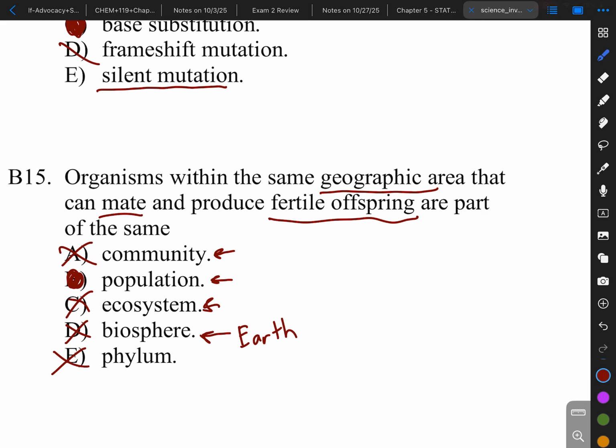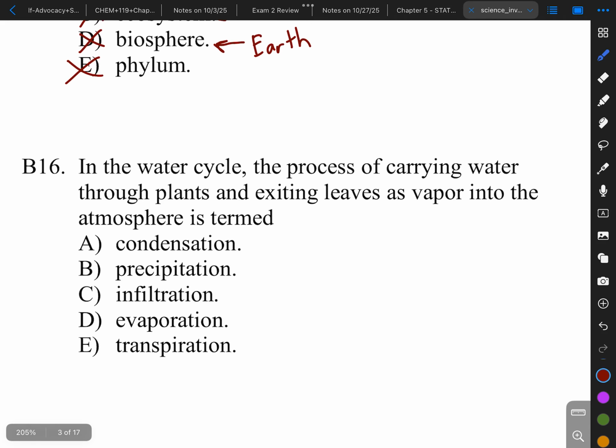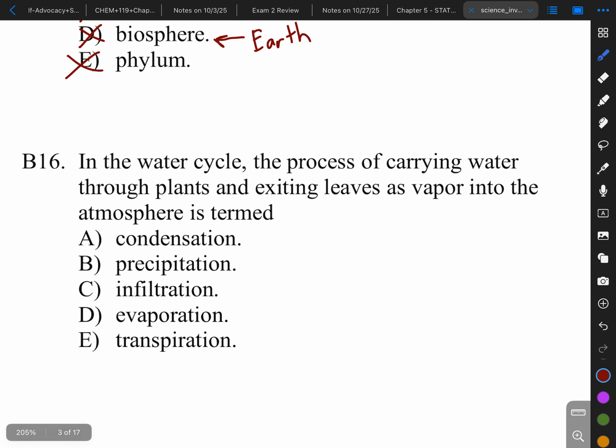For number 16, we're asked to find the process of carrying water through plants and exiting the leaves as vapor into the atmosphere. We know condensation is the process of turning water vapor into water droplets, so that's not what it's talking about.